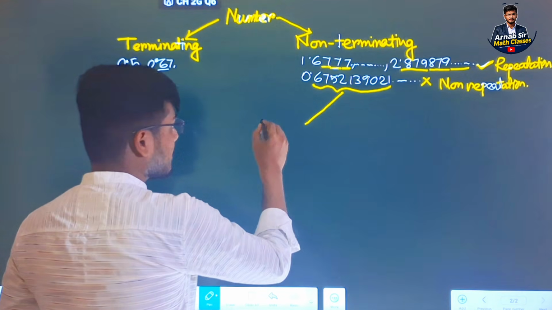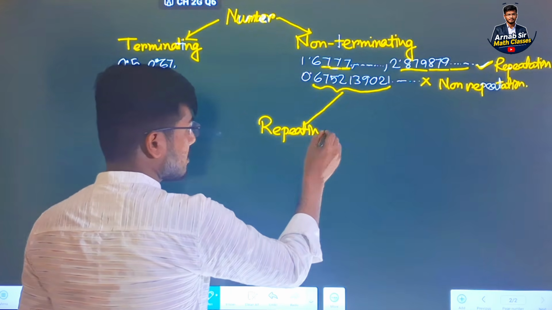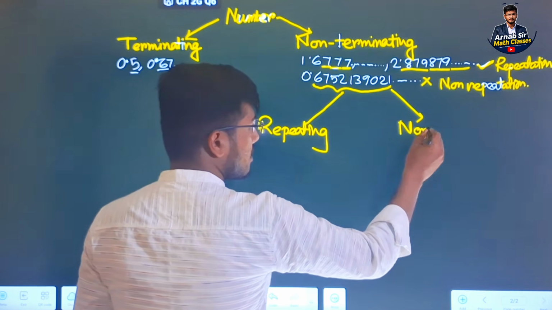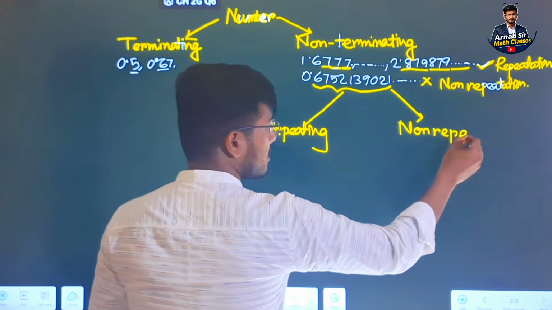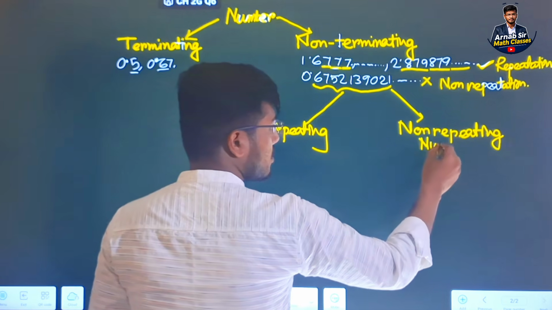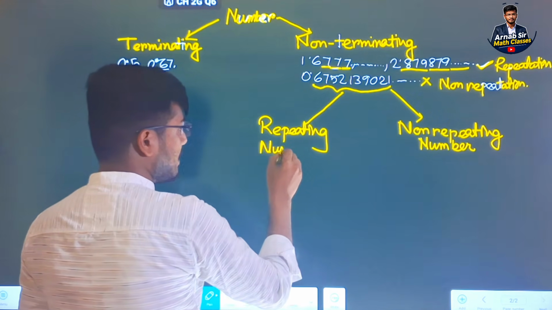One is repeating and another is non-repeating numbers.